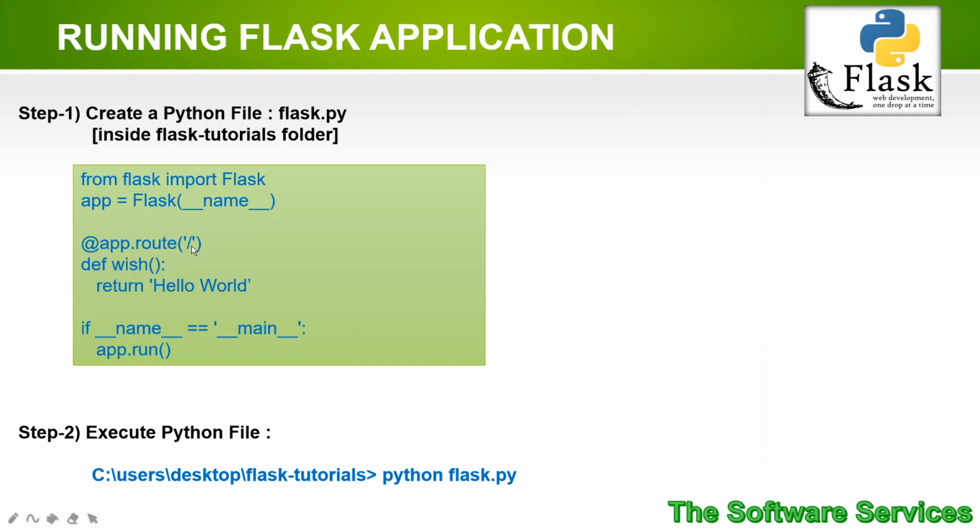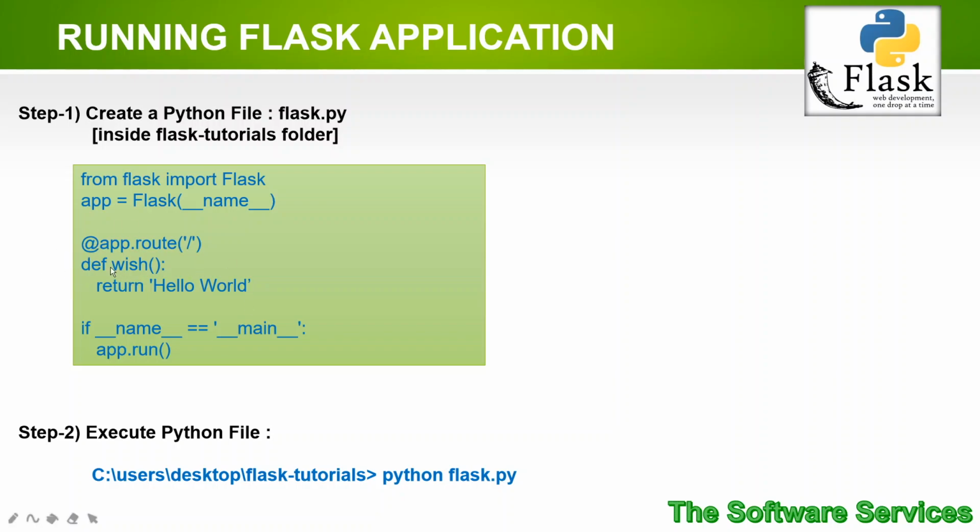For different patterns, we will define different functions, friends. Since it is a beginner class, we are defining a simple function. So if you type the home page, then Flask comes and executes this function, which will return the simple hello world string as a response to the user, right?